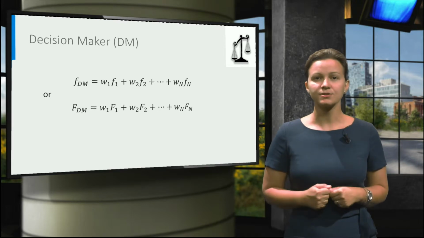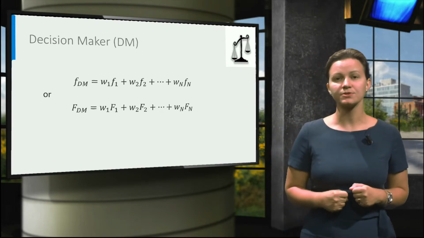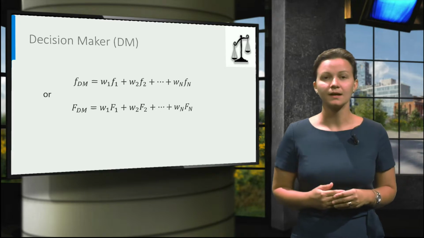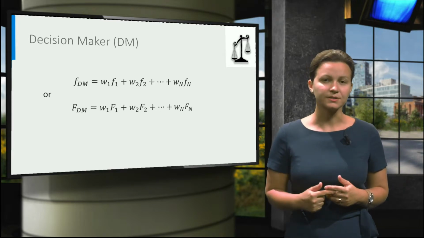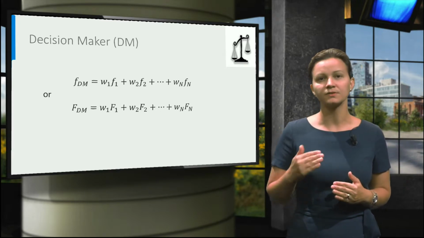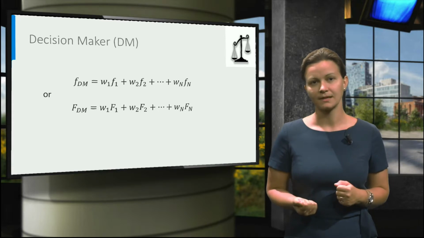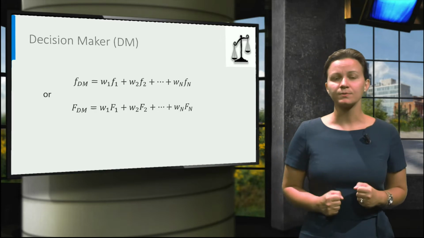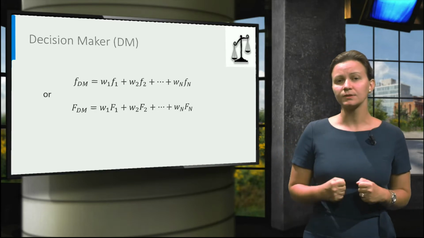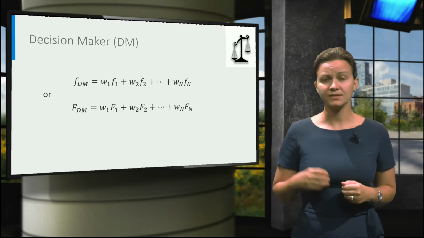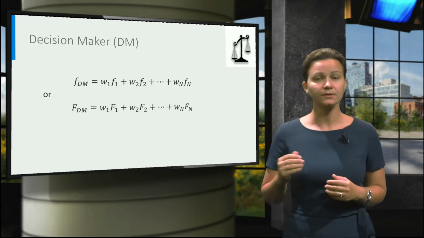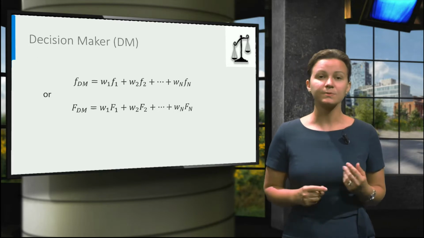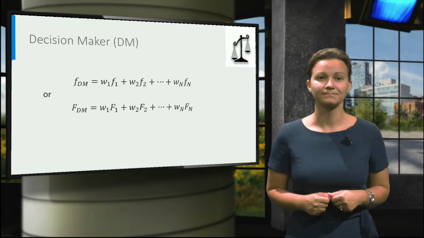The density function or the cumulative distribution function of the decision maker are therefore linear combinations of experts' density or cumulative distribution functions. As we have seen in these two examples, strong weights reward good expertise in uncertainty quantification. This expertise will be passed on to the decision maker, as we will see during this module.